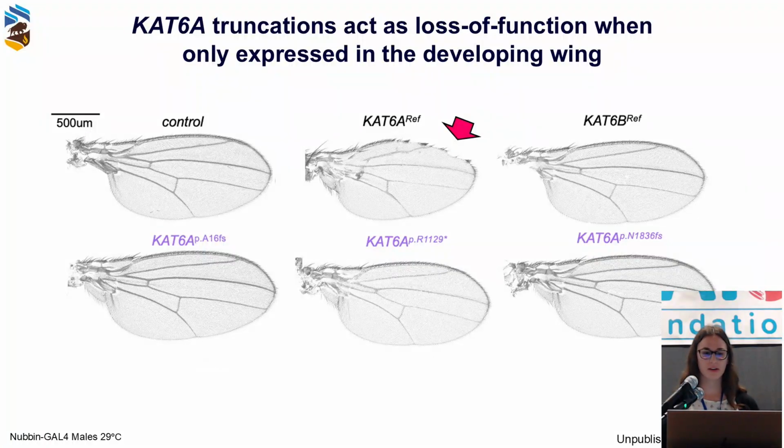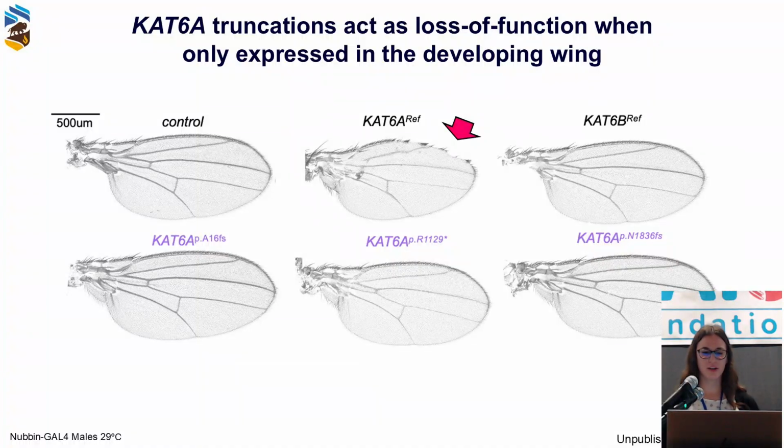So there was some bristle loss here, and some of the veins looked abnormal. When we overexpress KAT6B reference, and actually all of the variants, what we found is that the wing looked very similar to the control, so unfortunately we could not draw any conclusions from those, but we do have some results from overexpressing the KAT6A variants.